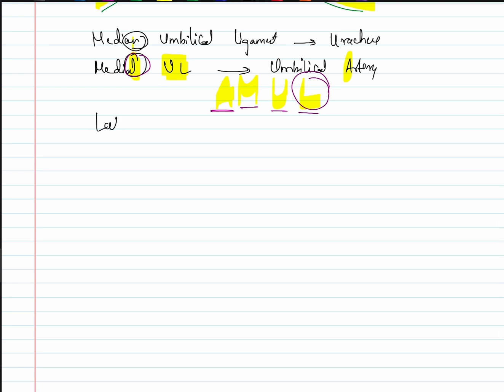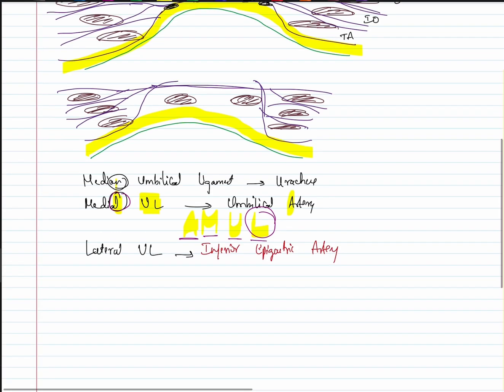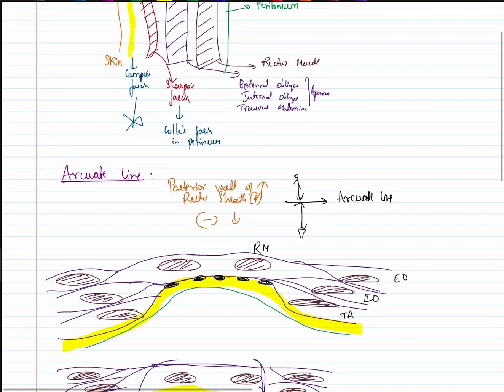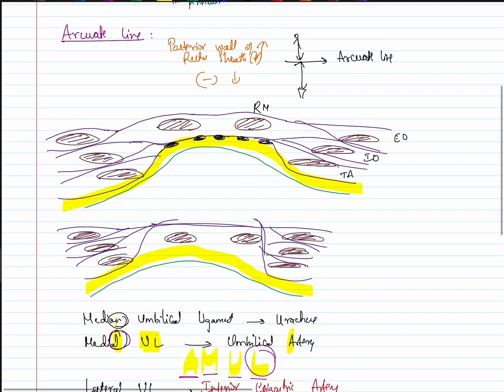Now lateral umbilical ligament. Lateral umbilical ligament is patent and it has the inferior epigastric artery.